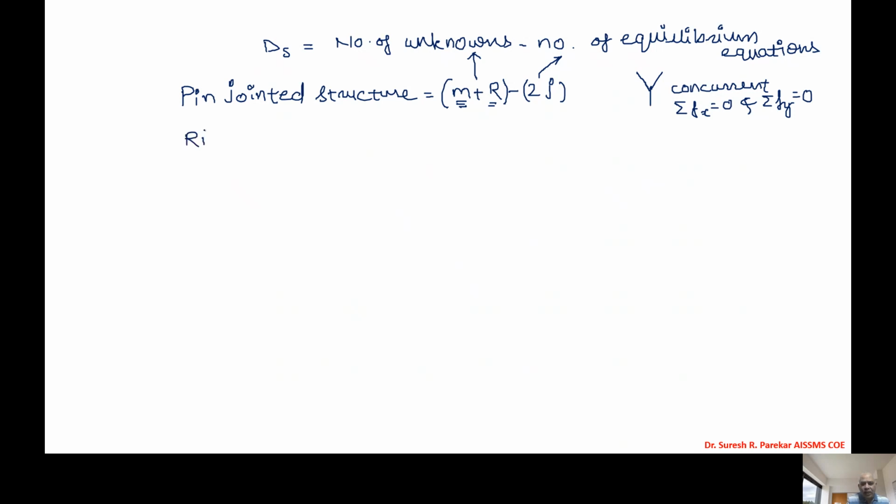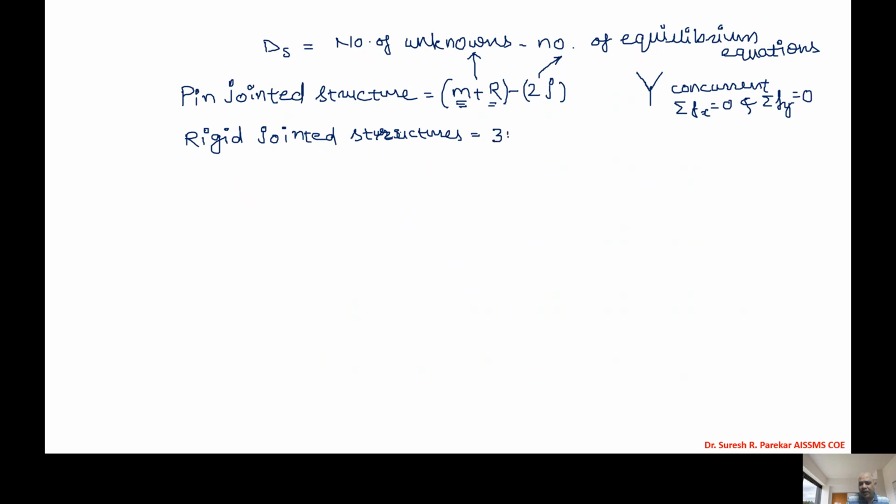If we go to rigid jointed structures, then in rigid jointed structures we have three forces in each member, that is shear force, axial force and bending moment.